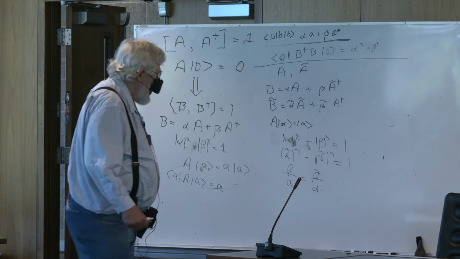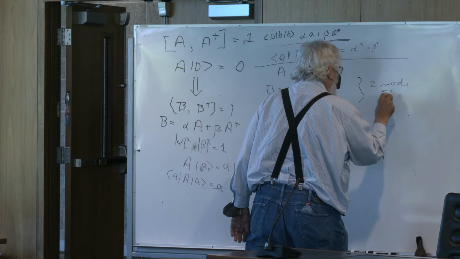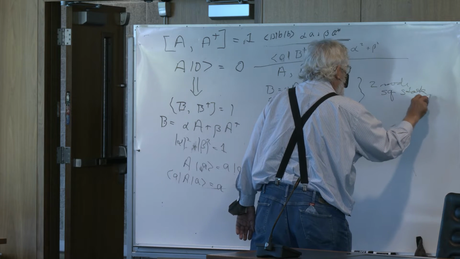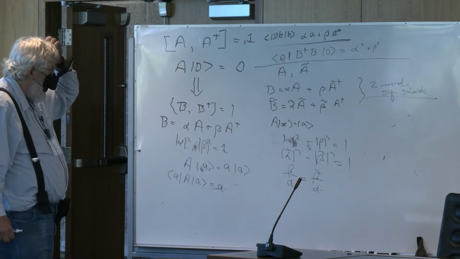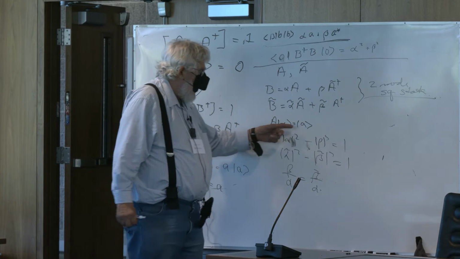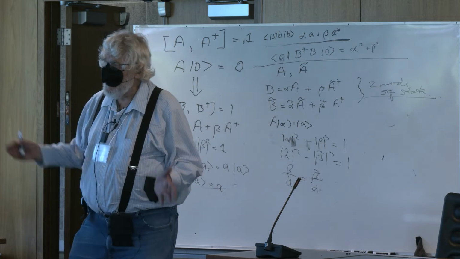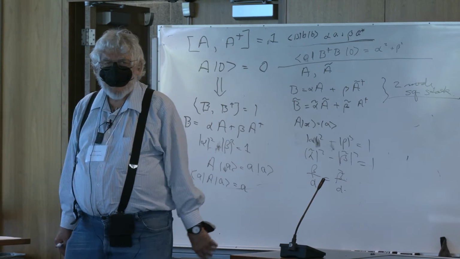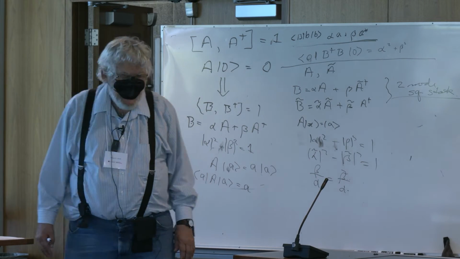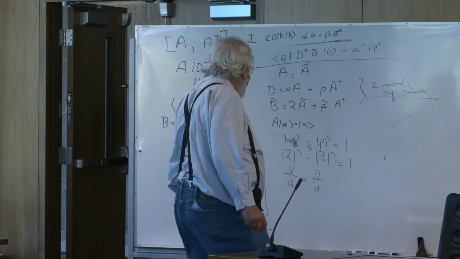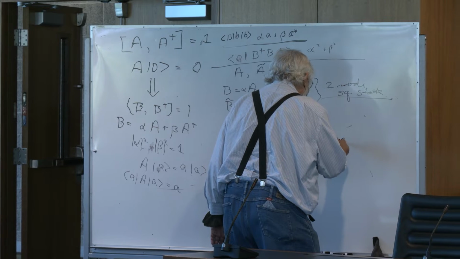And this is called a two-mode squeeze state. The amplification in this case is the same for all phases. So no matter what phase you send in, no matter what the phase of A is, you get exactly the same amplification coming out of the B port. So this is an amplifier.